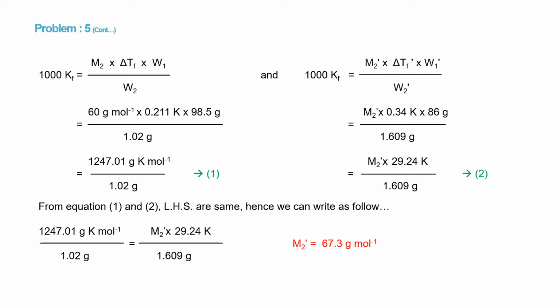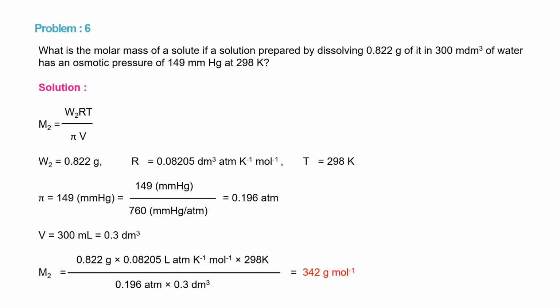Okay, now we move to the next sum, which is related to osmotic pressure, that is the next colligative property. Now the sum is: what is the molar mass of a solute if a solution is prepared by dissolving 0.822 gram of it in 300 mdm cube.